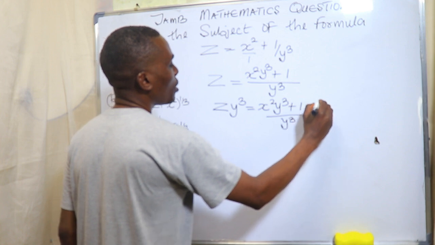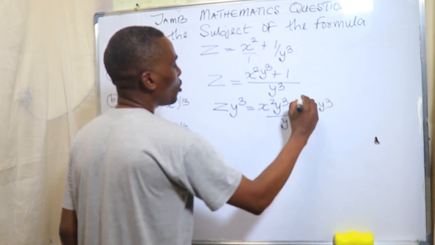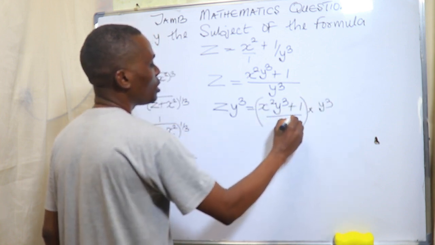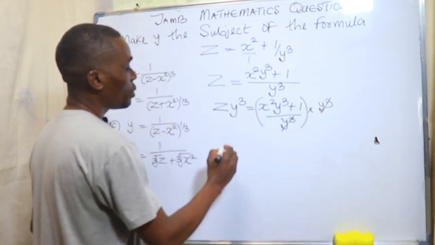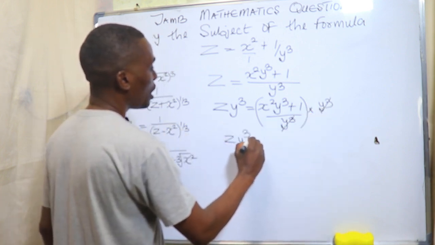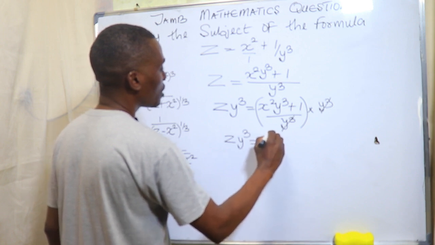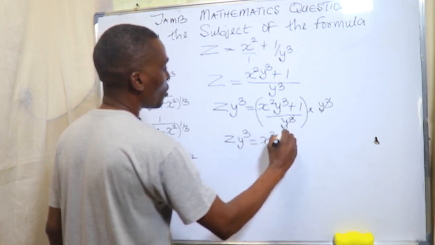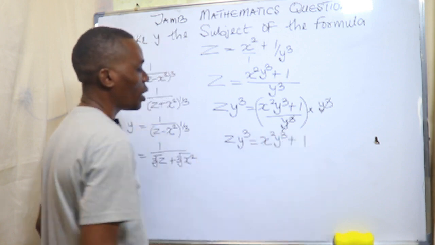If I multiply here by y to the power of 3, this one will cancel this one, and I will get z y to the power of 3 equal to x squared y to the power of 3 plus 1.